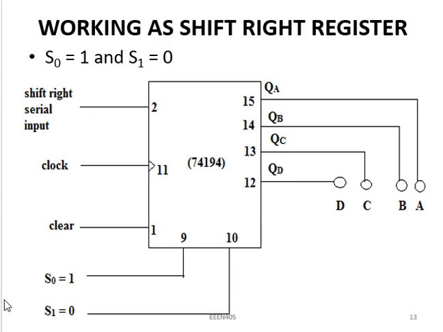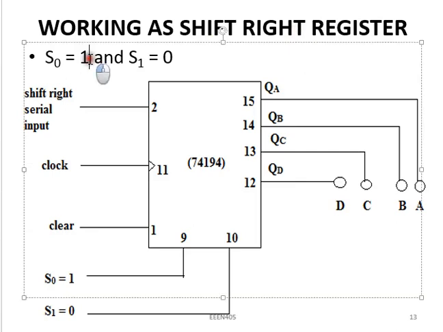Now if we want it to work as a shift right register, what we need to do is make our selector S0 equal to 1 and S1 equal to 0. In that case, it will work as a shift right register. If you look at the drawing here, this is my S0 equal to 1 and my S1 equal to 0.